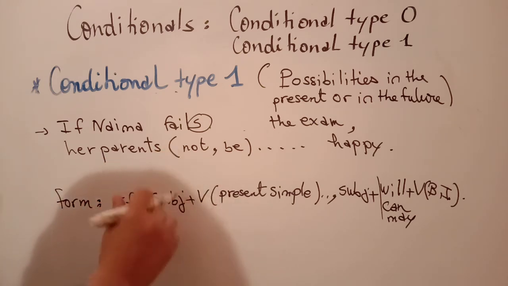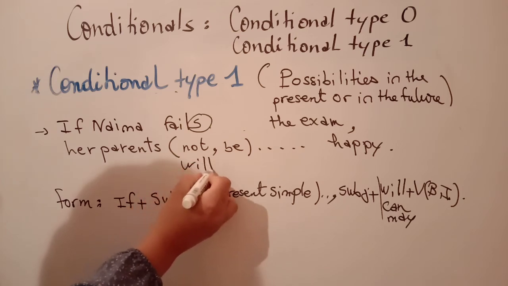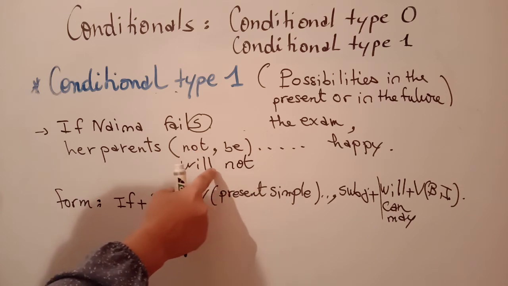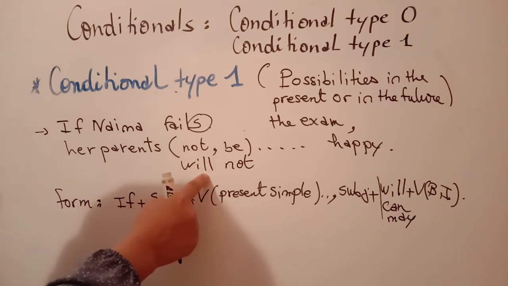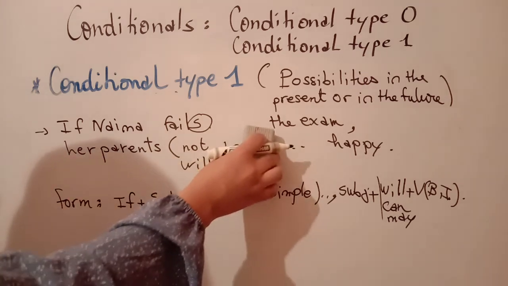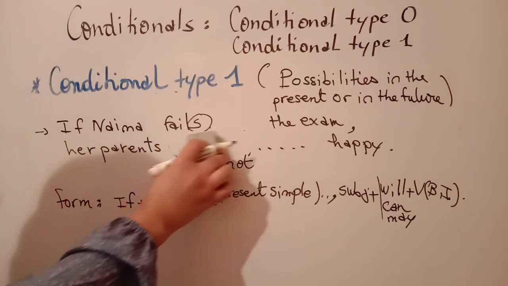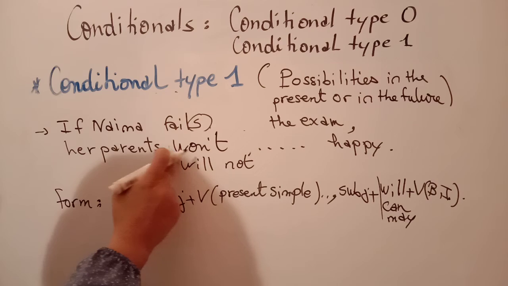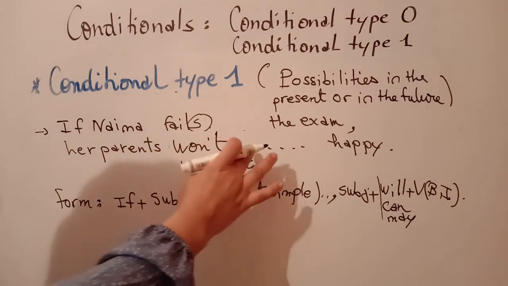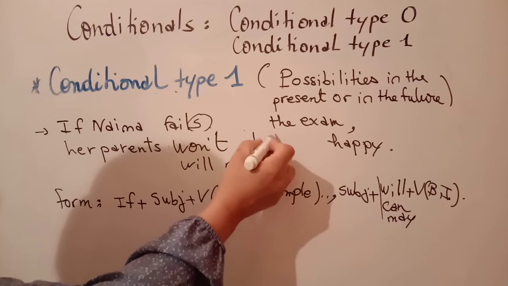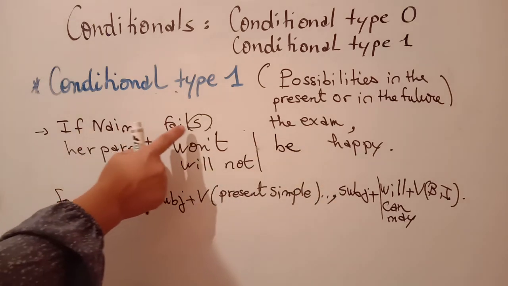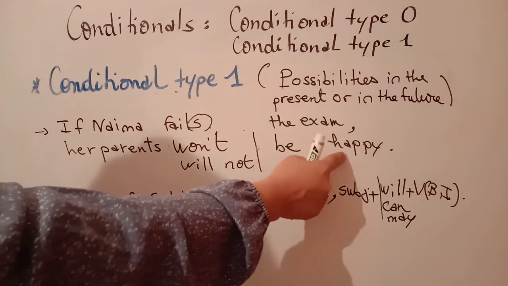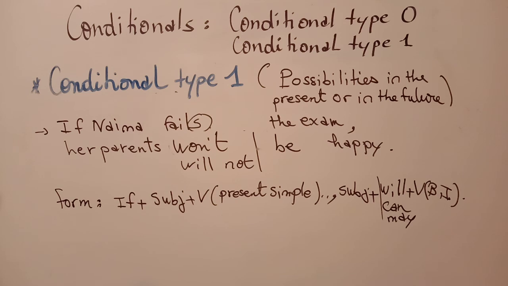So we start with will, the modal, plus not, because the negation is always attached to the auxiliary. Will not or won't, the short form. Then verb to be, bare infinitive. So won't be. If Naima fails the exam, comma, her parents won't be happy. Okay? Is it clear? Good.